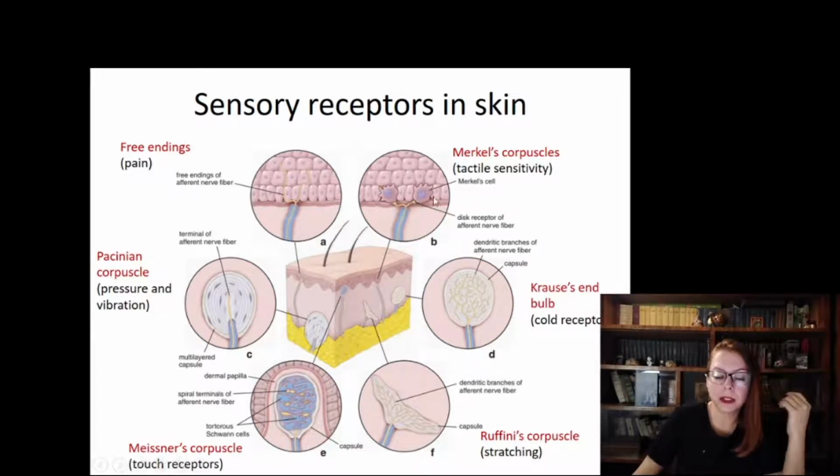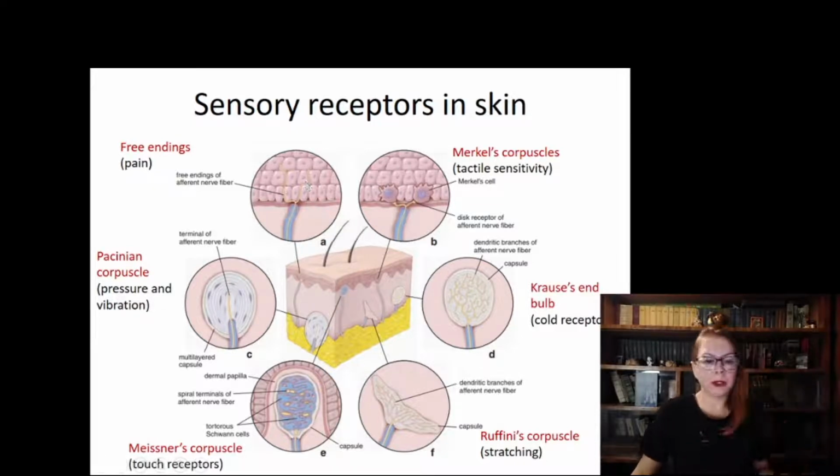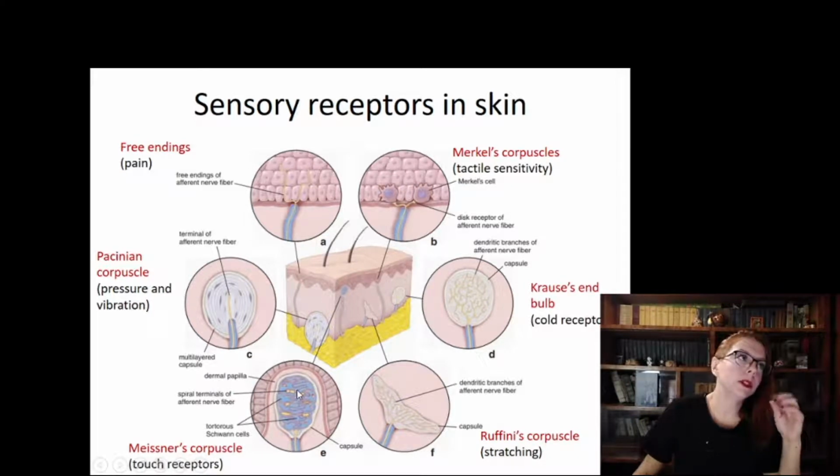So Merkel cells are responsible for the tactile sensitivity. Also, there are some free nerve endings in the epidermis. They're responsible for the pain. Then different receptors perceive the touch. Light touch is perceived by Meissner's corpuscles.